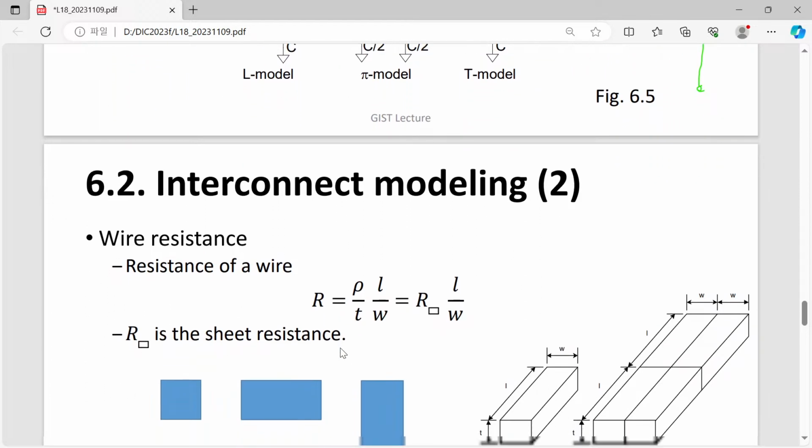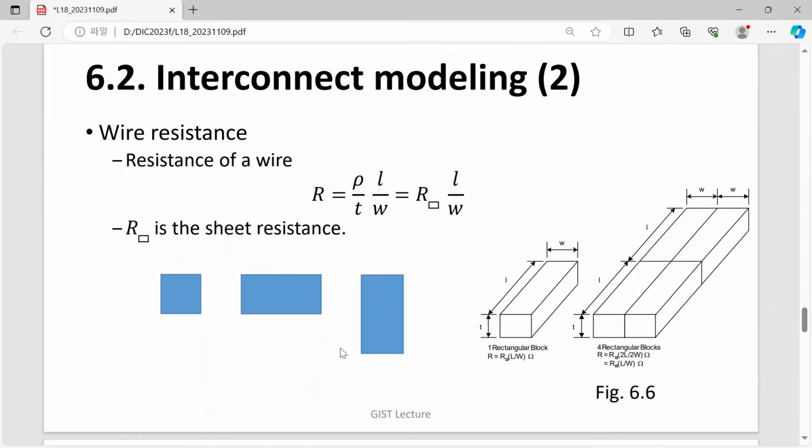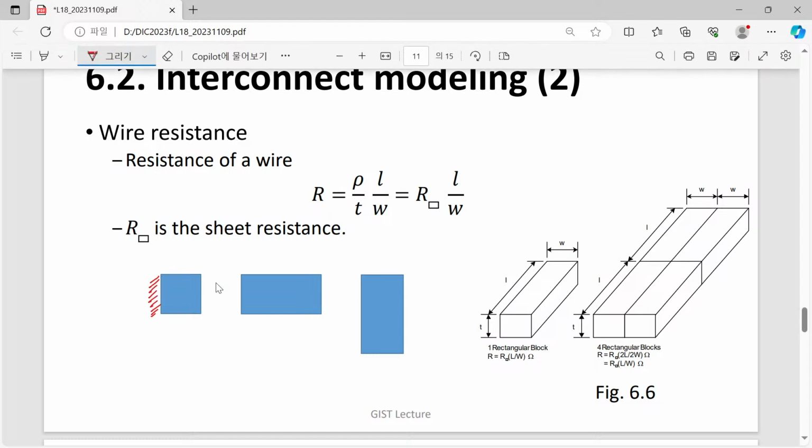So now let's go to wire resistance, from the viewpoint of designers. Think about you are a designer. Then what you can do is just draw a rectangle. You have a source of your signal and a destination of your signal.